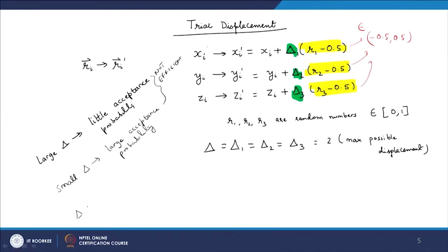So, as a rule of thumb, delta should be such that the acceptance probability, or rate to be more concrete, goes in the range 40% to 60%. That is just a rough number.